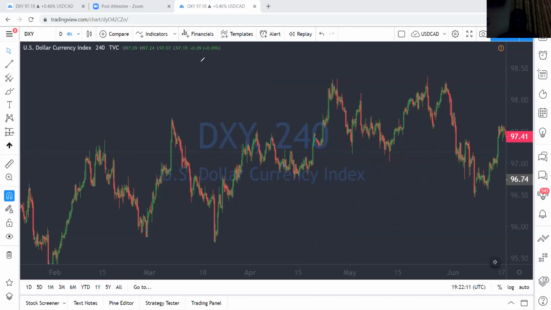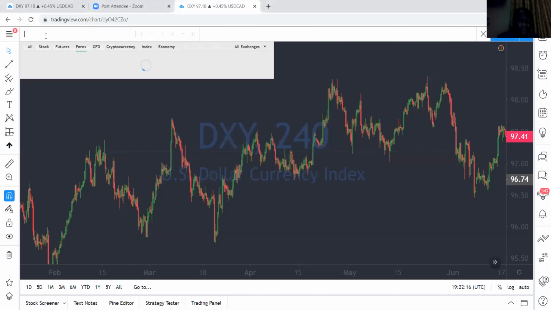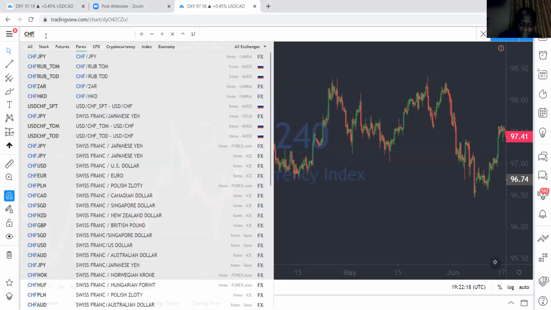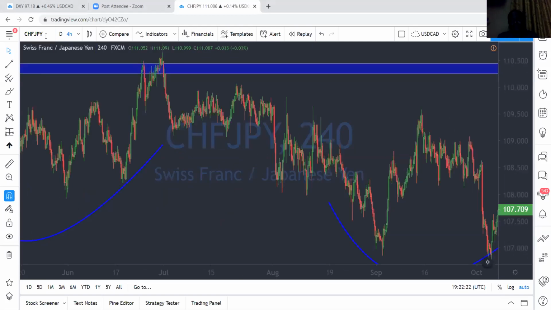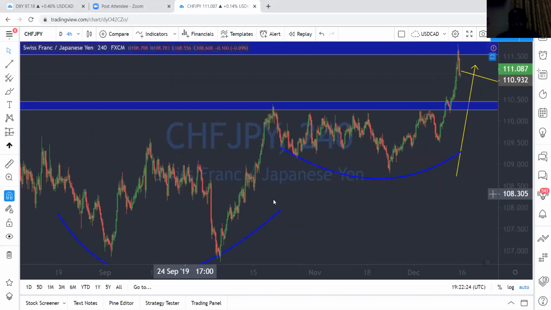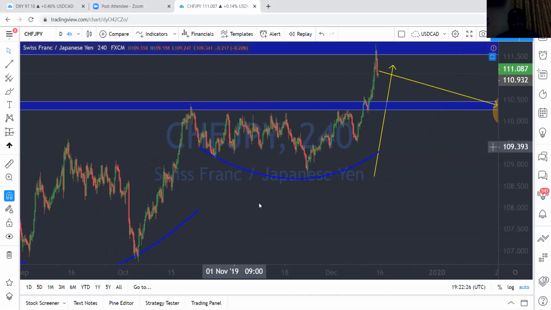Go to, let's go to JPY pairs. We are gradually entering chart now. CHF JPY. See what's happening there? Yes. All right. So you see, at this point, you have this move.